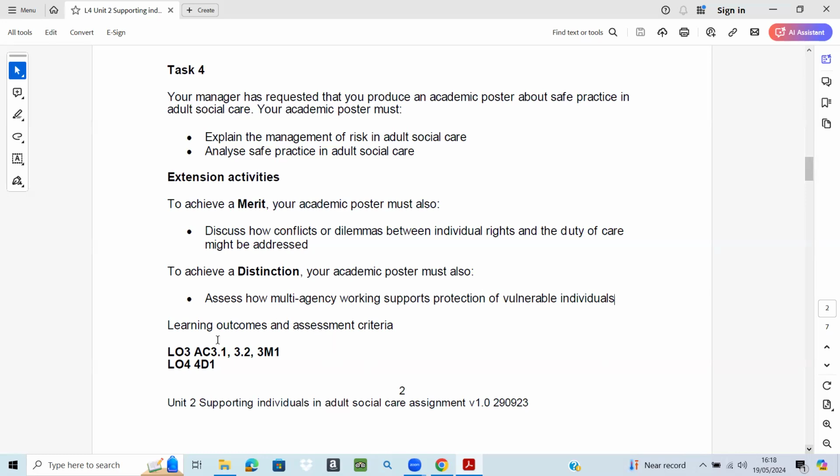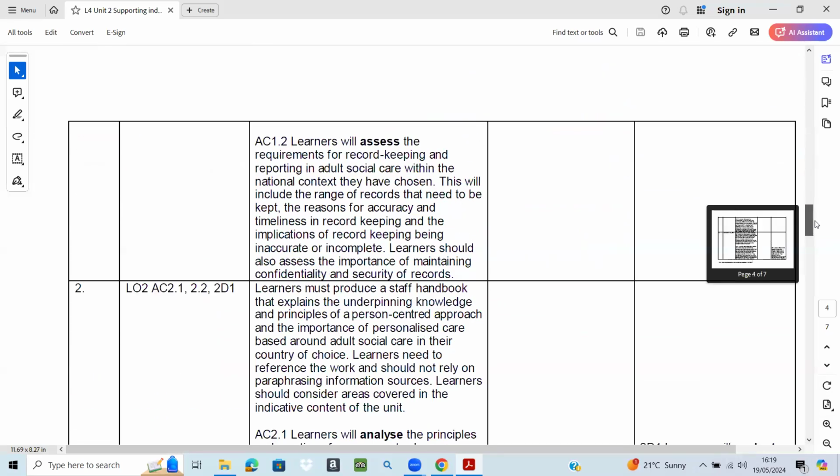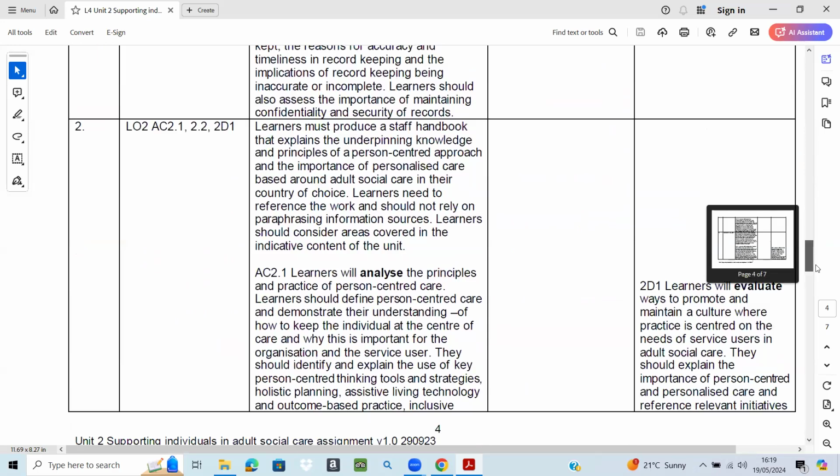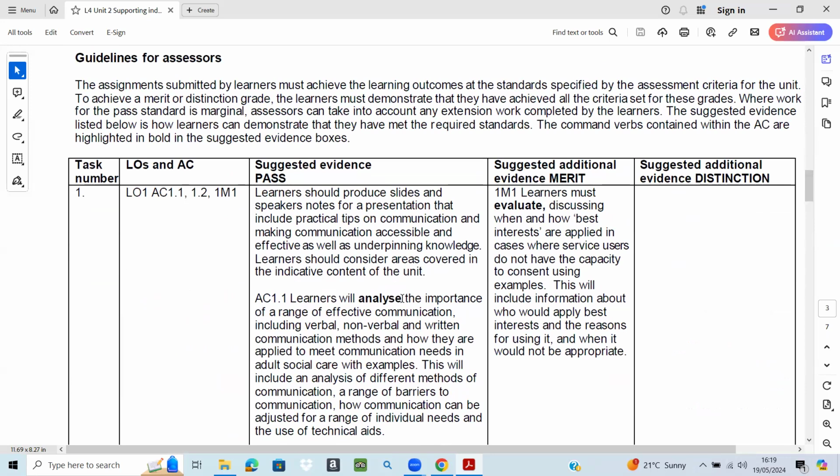Then we have the learning outcomes and assessment criteria. We have learning outcomes 3 and 4 covered. These are the guidelines for the assessors, and they will also guide the students. If you see a few of these command verbs in bold, that means you have to analyze it properly.